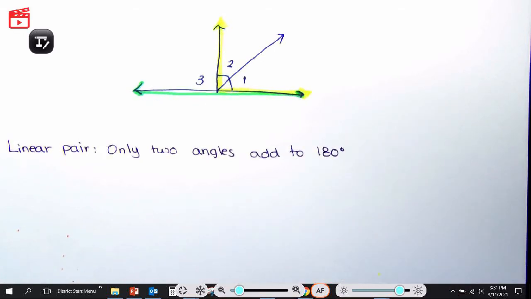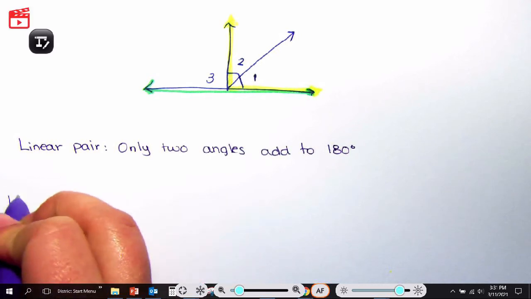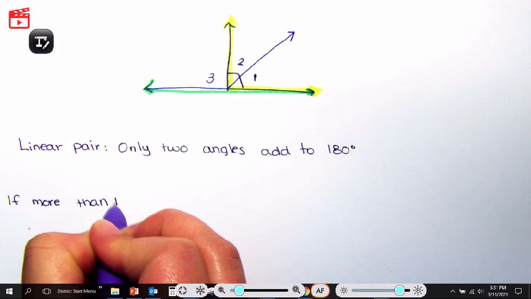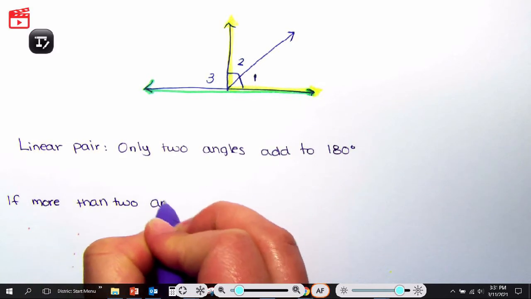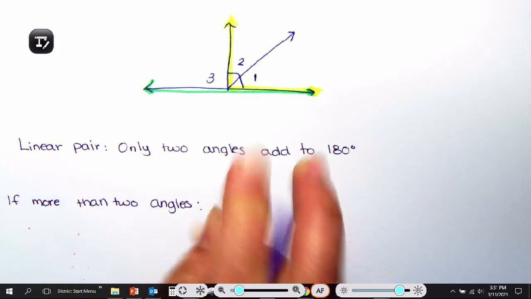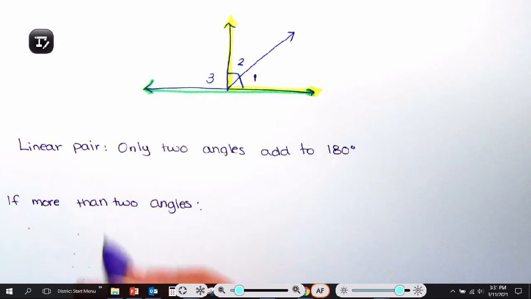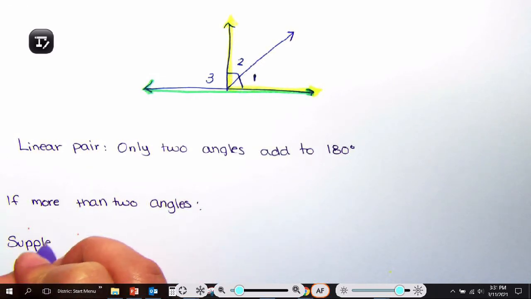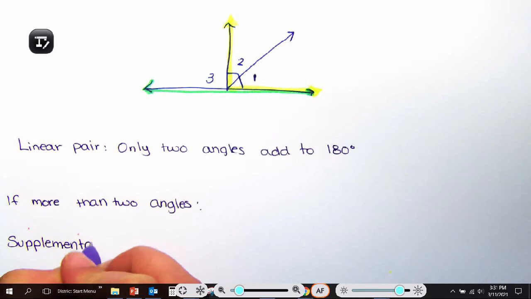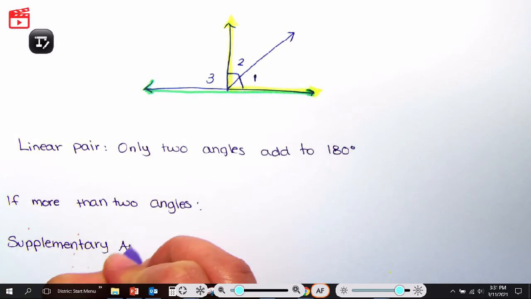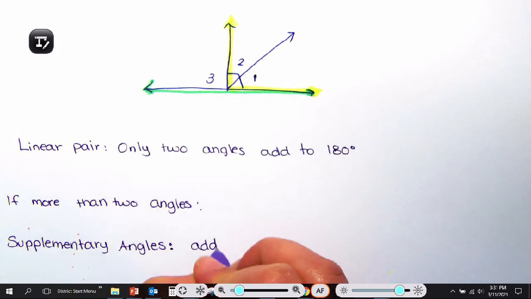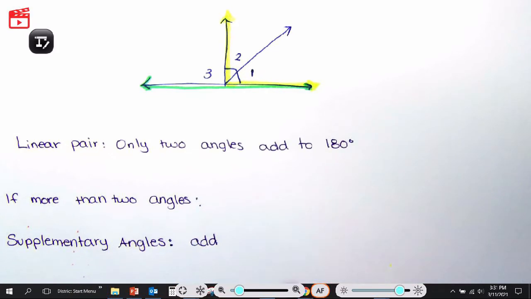If you have more than two angles, like for example, this example here, we just call them supplementary. And those are the angles that still add up to 180 degrees, but you can have more than two.